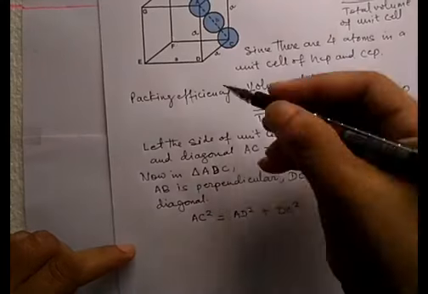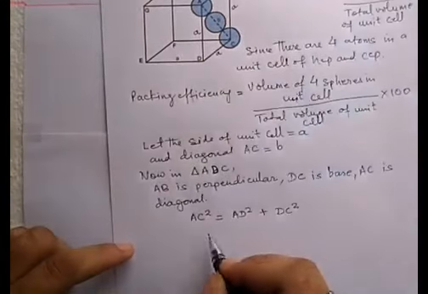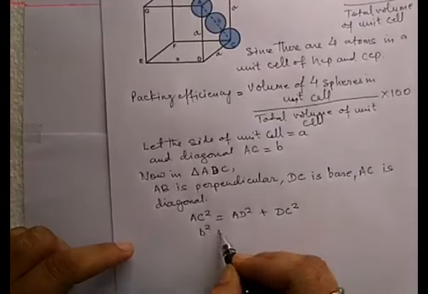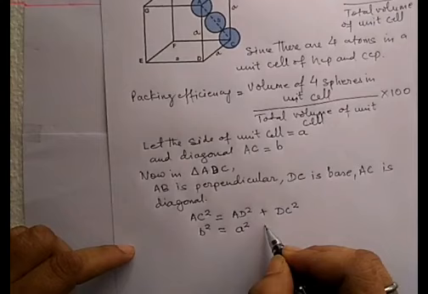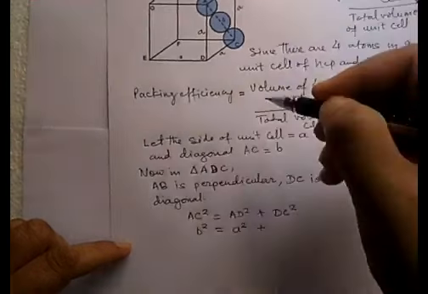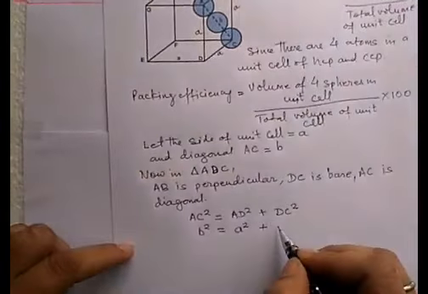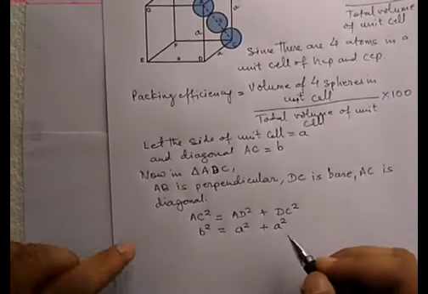Now let's put in their values. AC is equal to B, so it's B square. AD is equal to A, so A square, and DC is also equal to A, so A square.